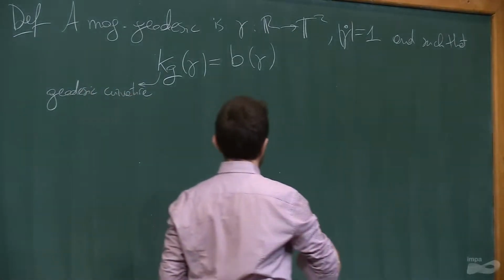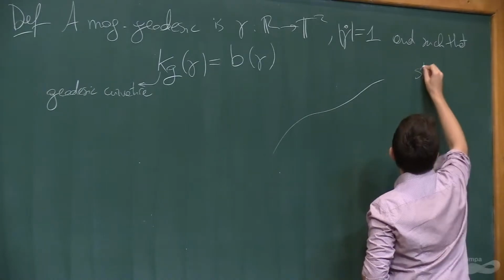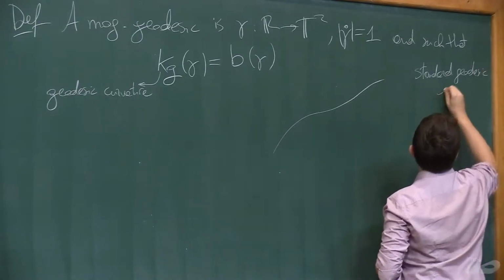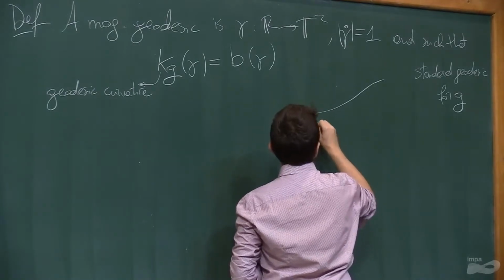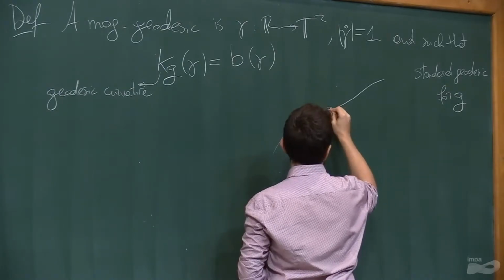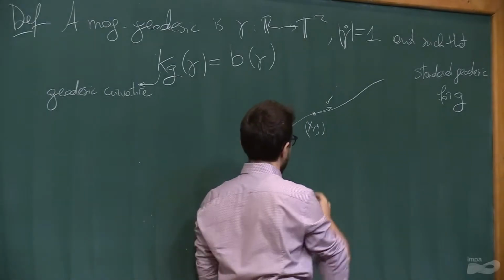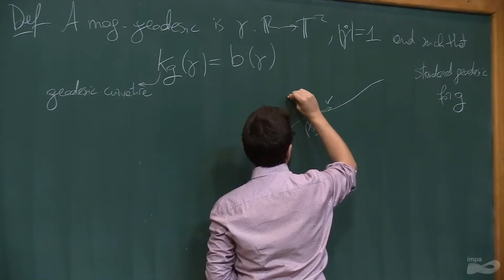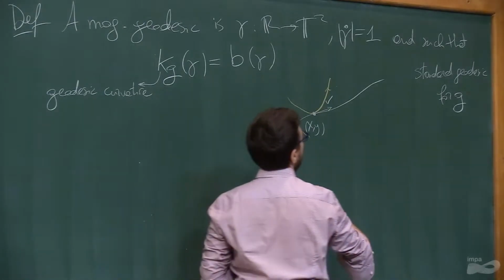So if I have here a standard geodesic for G, so not a magnetic one, passing through a point (x, y) with tangent vector v, then I have to look at B of (x, y), and if B of (x, y) is positive, I will have a magnetic geodesic going on the left side of my standard geodesic.